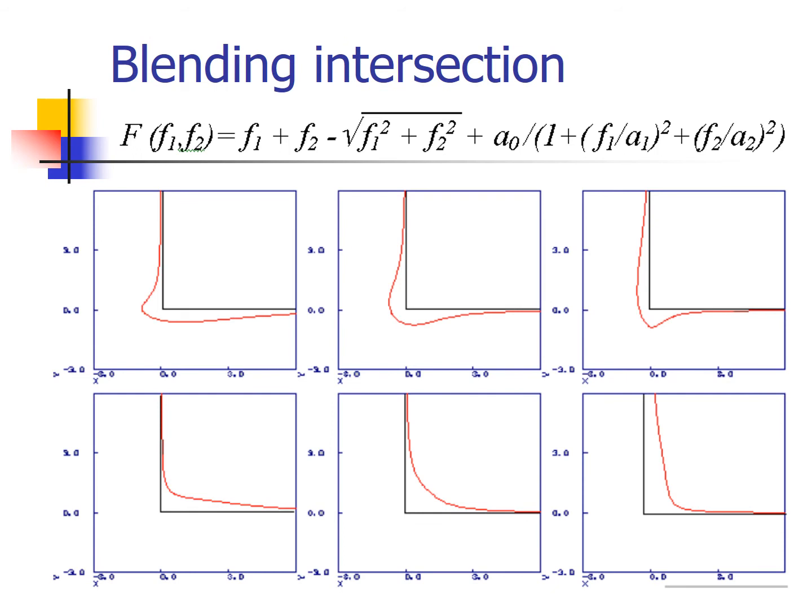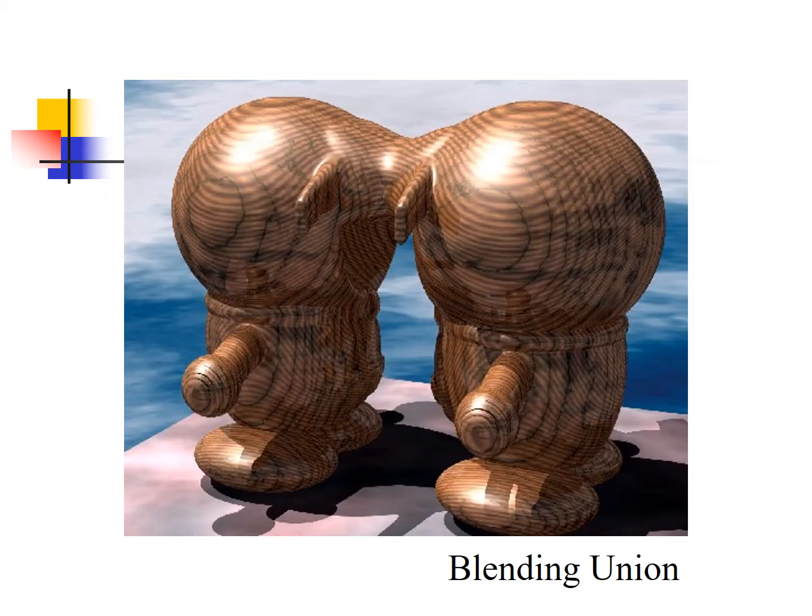By changing parameters a1 and a2, we can get different results of the operation and control addition or removal of material. You can see on this slide the example of intersection operation with different values of parameters a1 and a2. This is an example of the blending union operation.